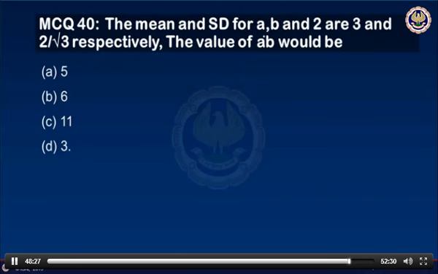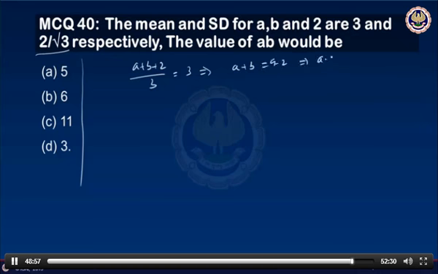The mean and SD of a, b and 2 are 3 and 2 by root 3 respectively, then what would be the value of ab? Now we have to find this ab value based on the given data. The mean formula is a plus b plus 2 by 3, which is equal to 3. Simply from this data, a plus b equals 9 minus 2, which implies a plus b equals 7.